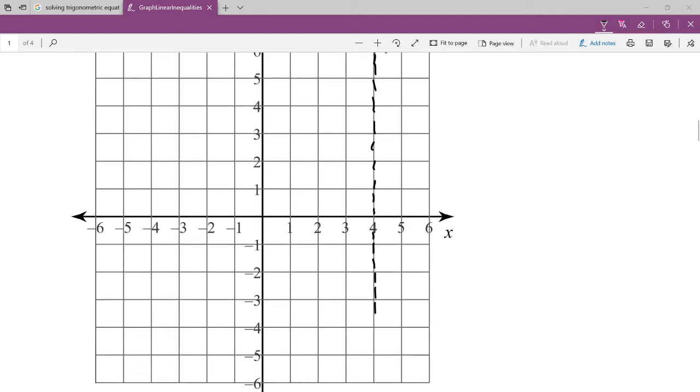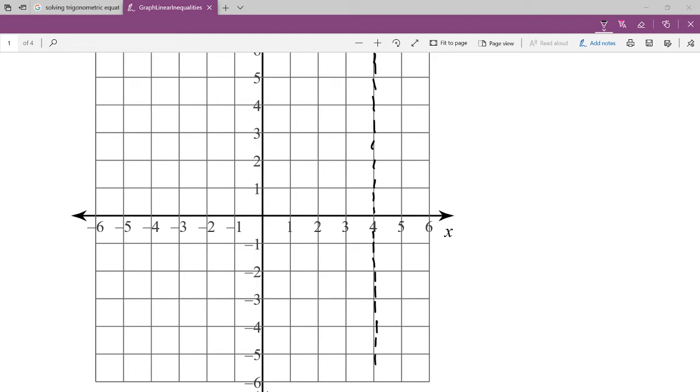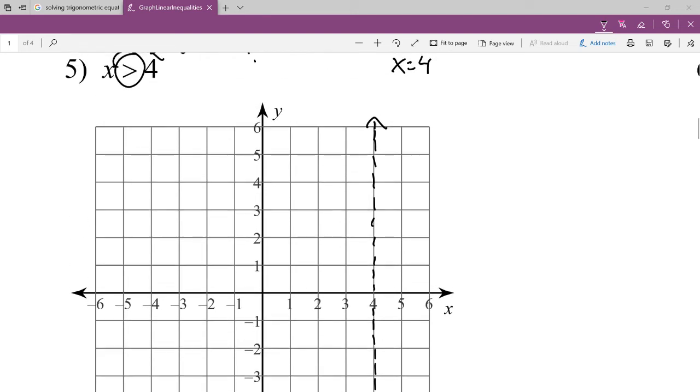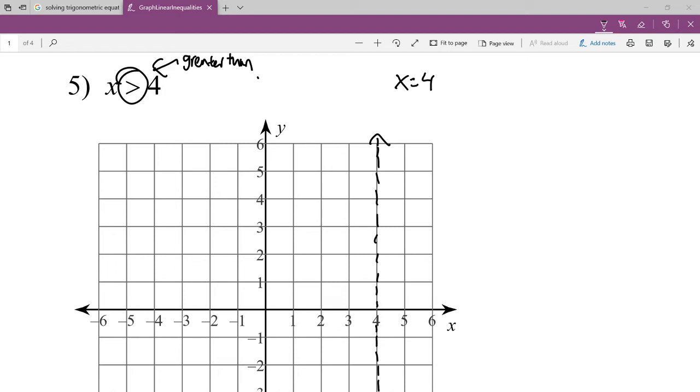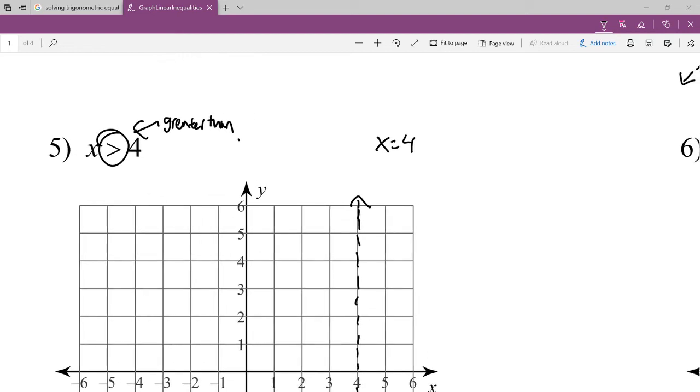And then you go ahead and use a test point. So let's say 5, 1. Is 5 greater than 4? That's a yes.